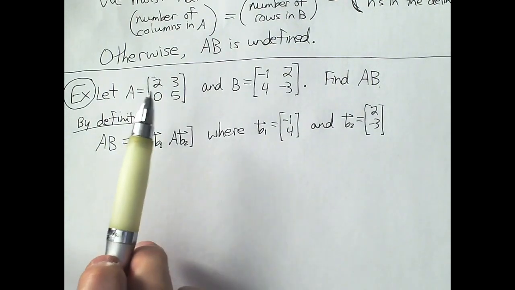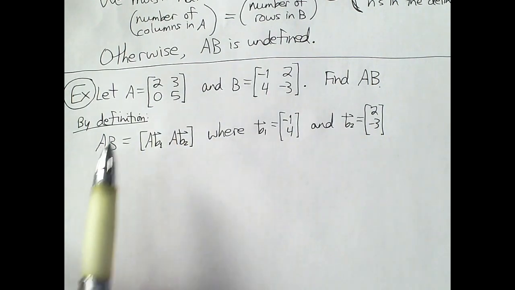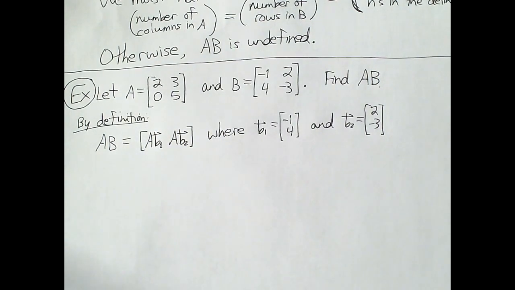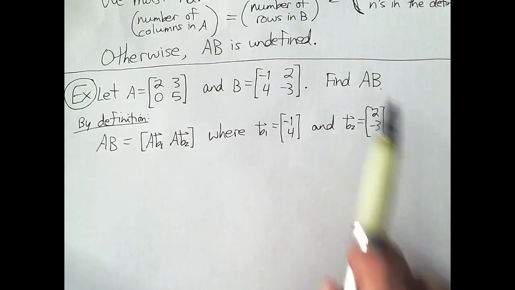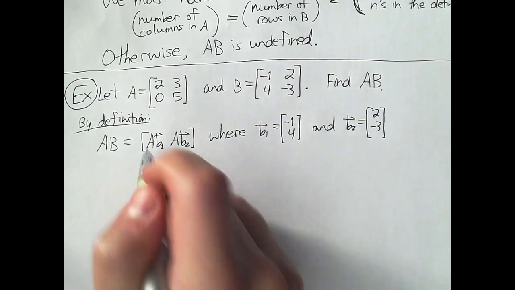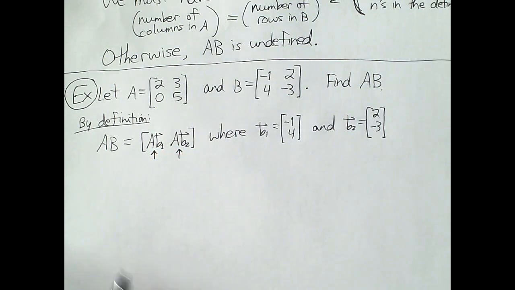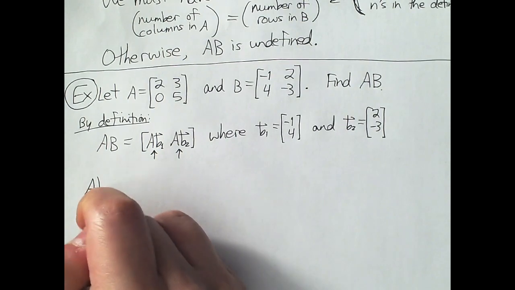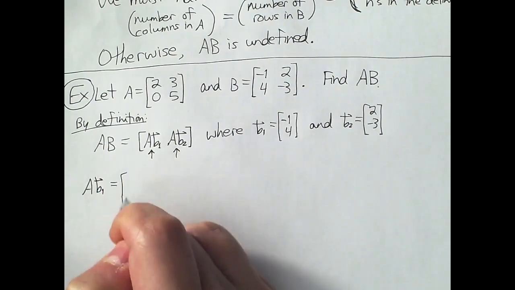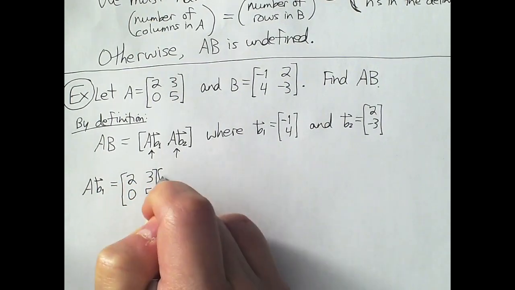Is the number of columns in A equal to the number of rows in B? Maybe I should have done that first. Yes, the number of columns in A is equal to the number of rows in B, so this is going to be defined. We need to find these two things, right? If we find this and we find this, then we've answered the question. So let's find AB1 first. AB1 is, here's A, and here's B1.